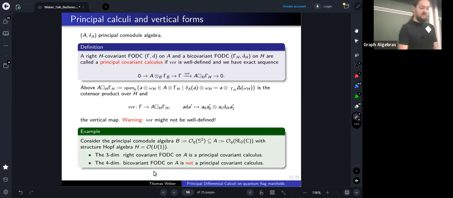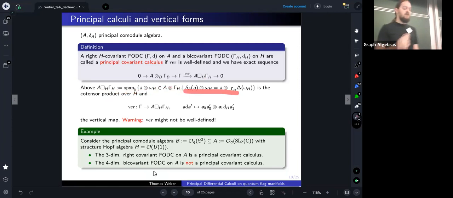If we have a certain vertical map, we are going to see what this is in a second, and an exact sequence here. So let's understand the sequence first. So here, this arrow is just the left A module action on gamma B. And this here is the cotensor product, which we have probably also seen once or twice in this conference. So here just is the definition.